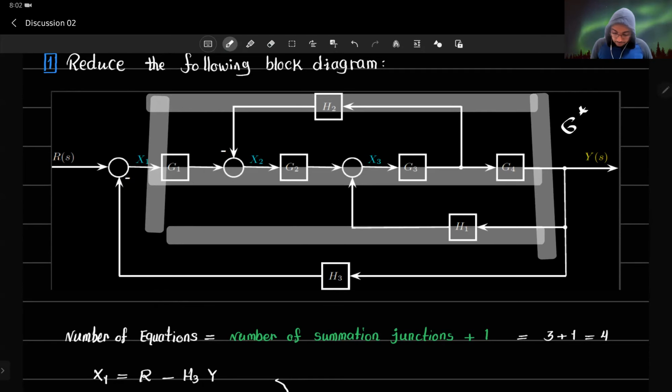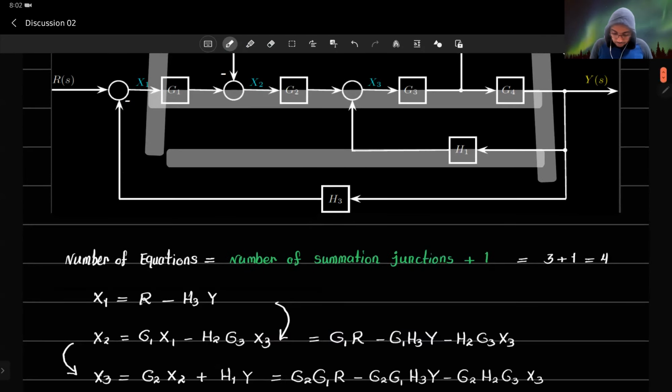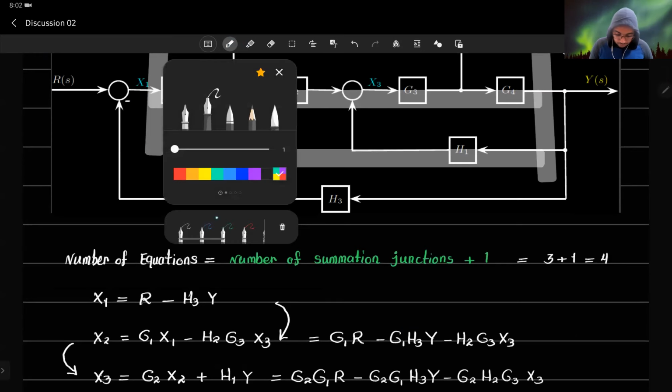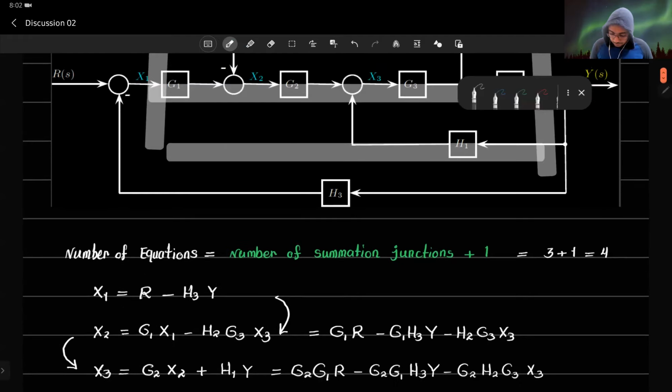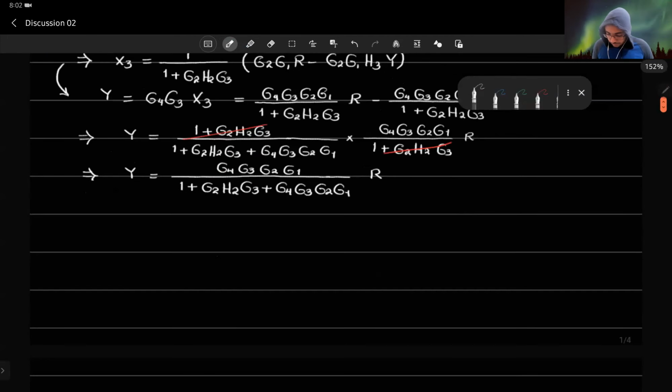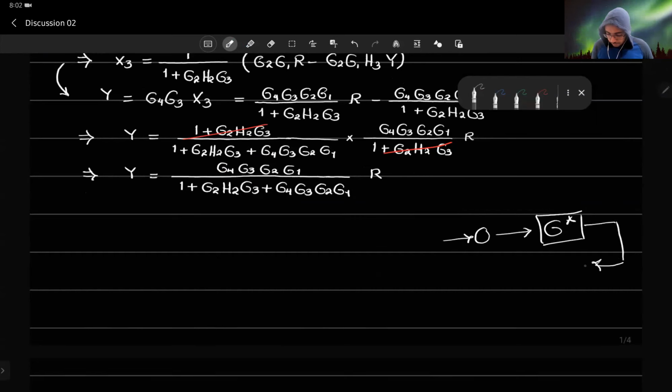Then we would have a simpler block diagram that looks something like this: G star, and then we have feedback with H3, and then this goes up.